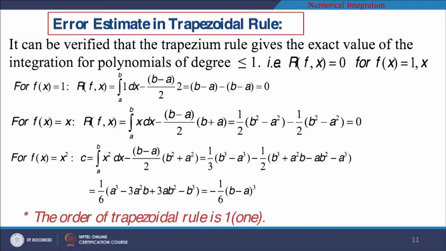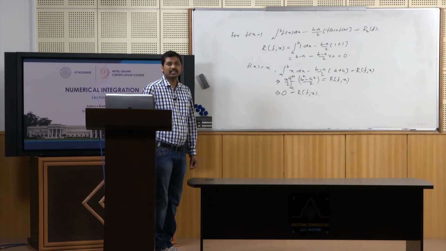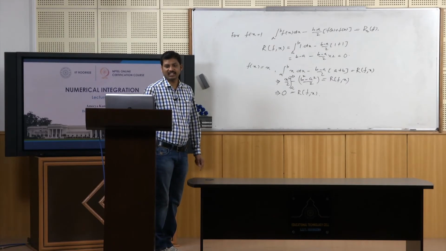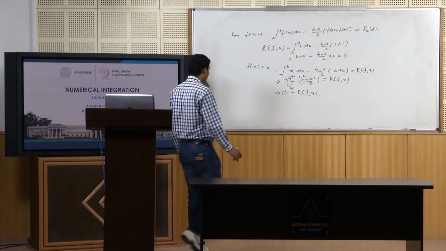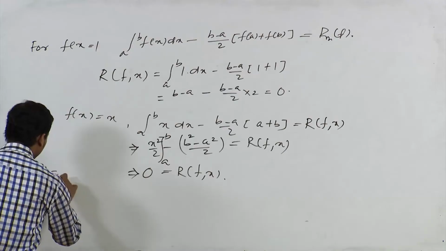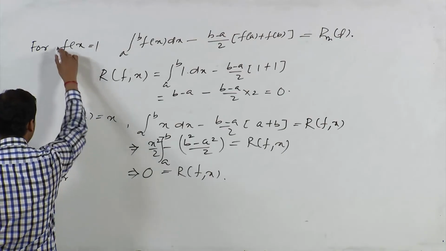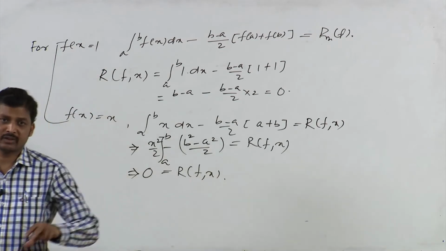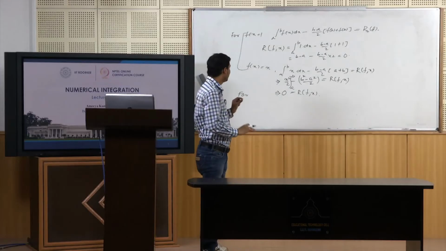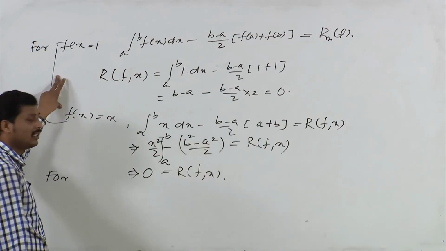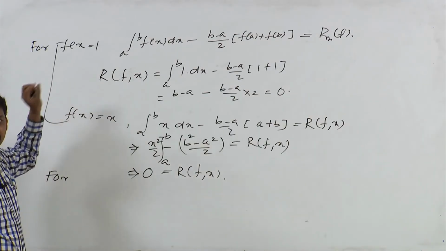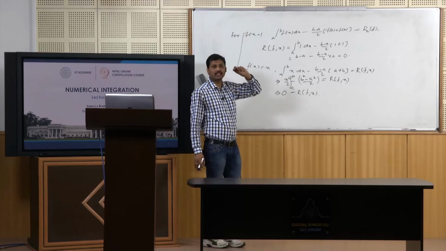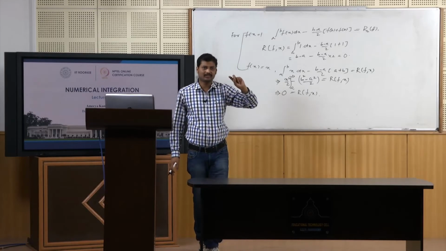Now, if we consider f(x) equals x square, we can obtain the value of c here. For a polynomial of degree 1, since we are approximating the function with a polynomial of degree 1, we get exactly 0 values; the error term is 0 for a polynomial of degree 1.